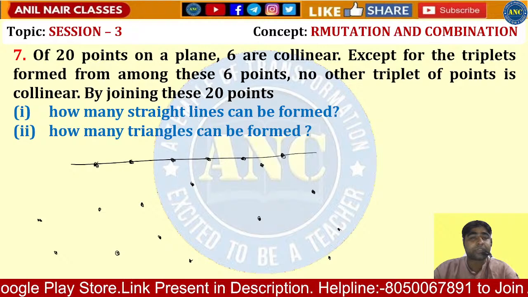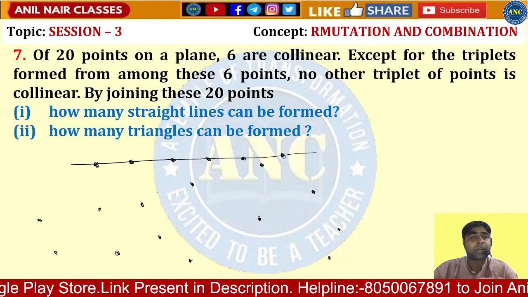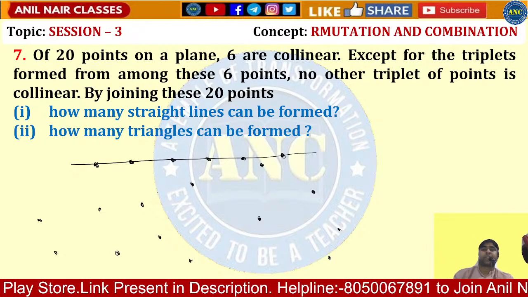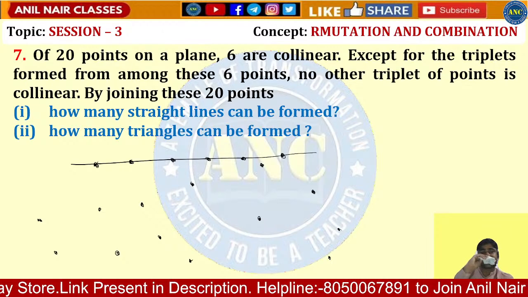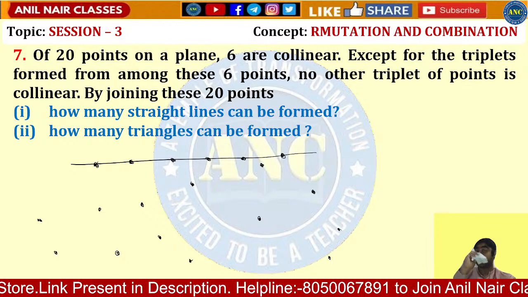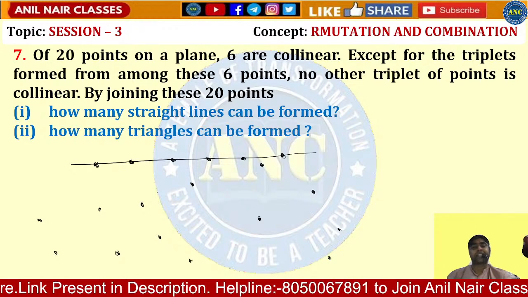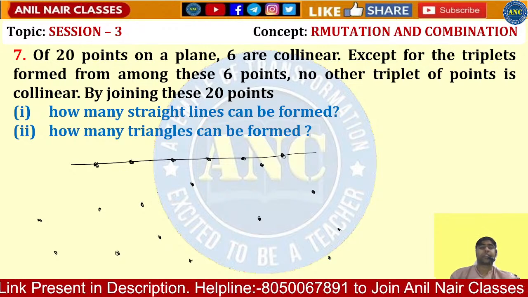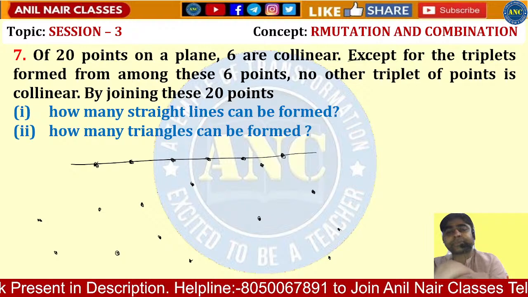Except for the triplets formed from among these 6 points, no other triplet of points is collinear. So what does this line mean?